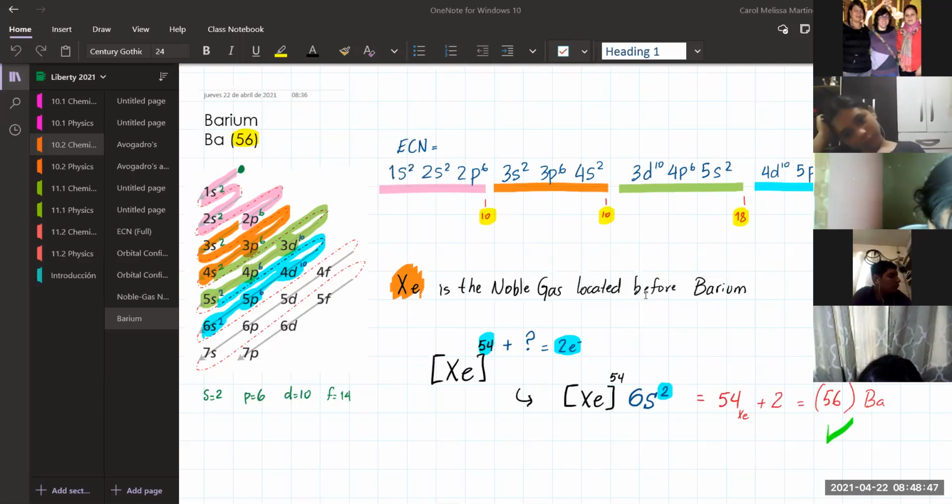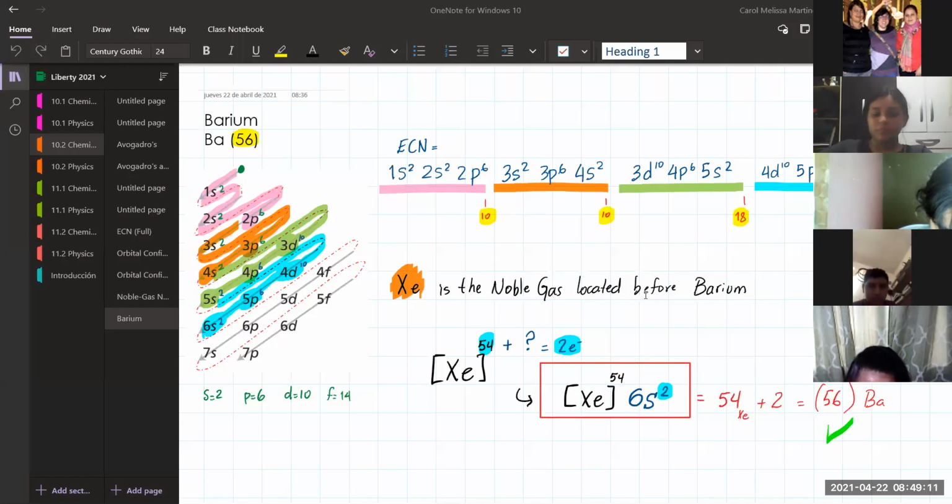Another way to check it is looking at your periodic table. In the bottom of barium, you have a configuration over there. Tell me, is the configuration from your periodic table the same as what you see right there, or is it different?